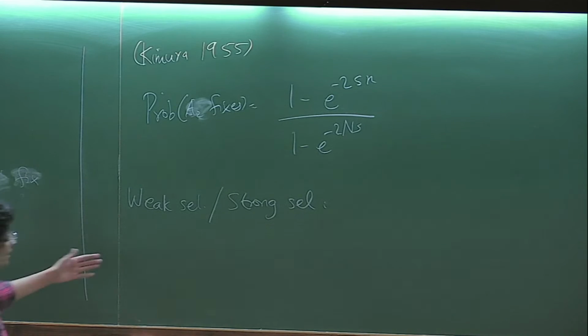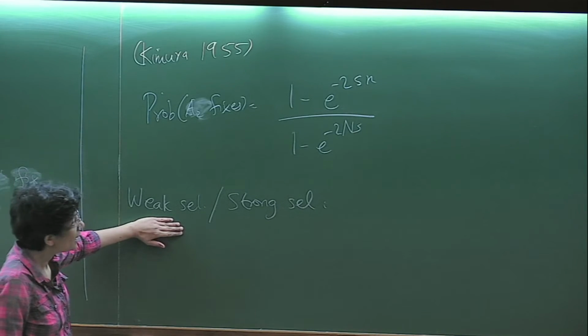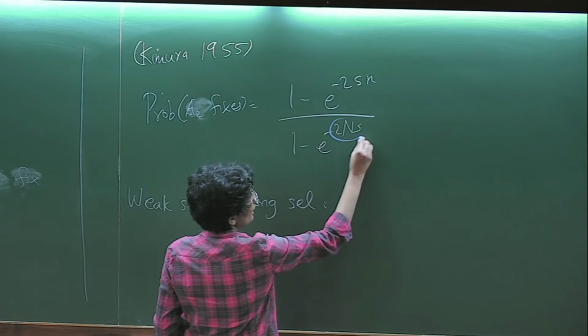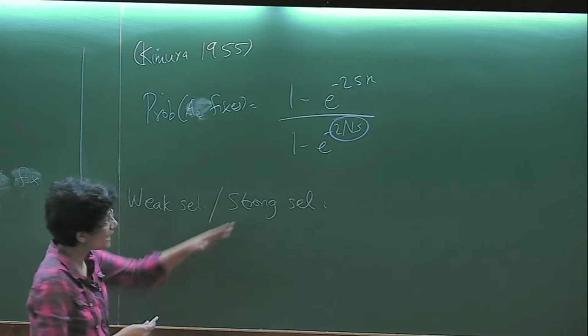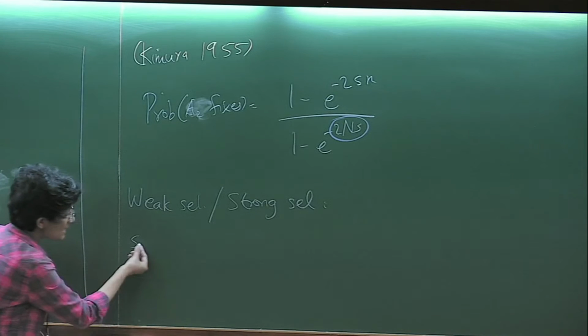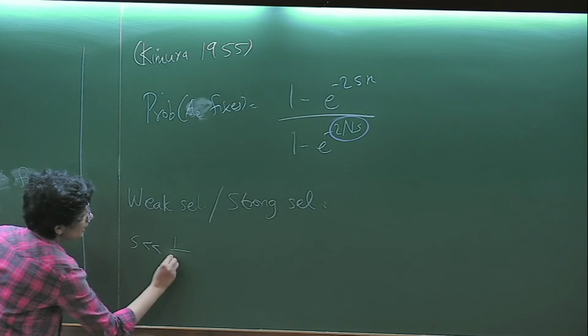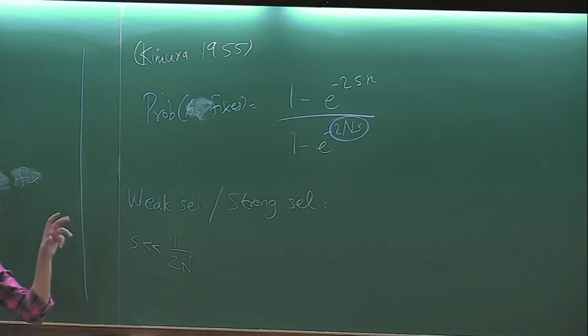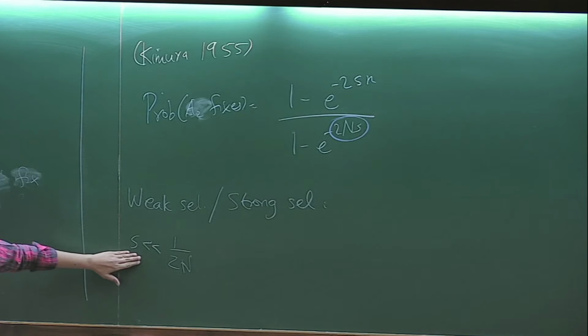So here, when we say selection is weak, in these diffusion theories, it comes from this NS which is sitting here. So if selection is weak, it means S is much smaller than 1 by 2n. So 1 by n, people say like sort of the power of drift. Okay? So I'm saying selection is weak or it's nearly neutral, not neutral but nearly neutral, it means selection coefficient is much smaller than 1 by 2n.